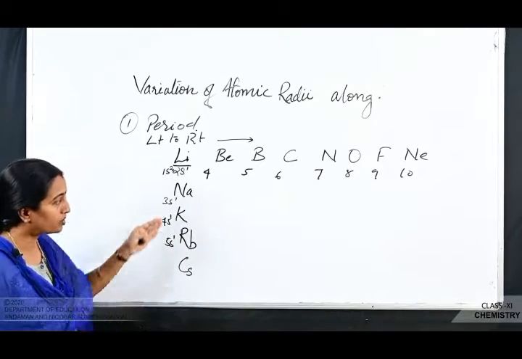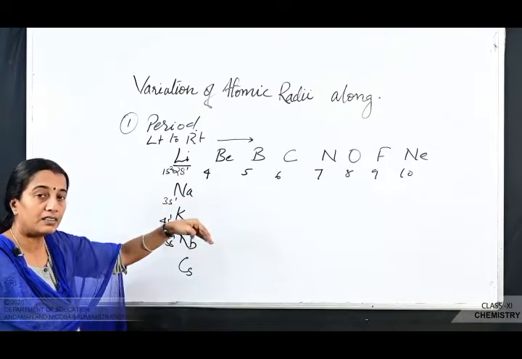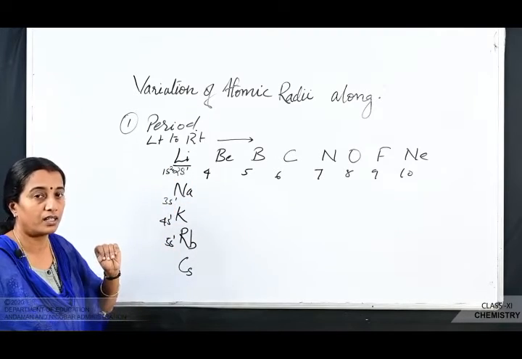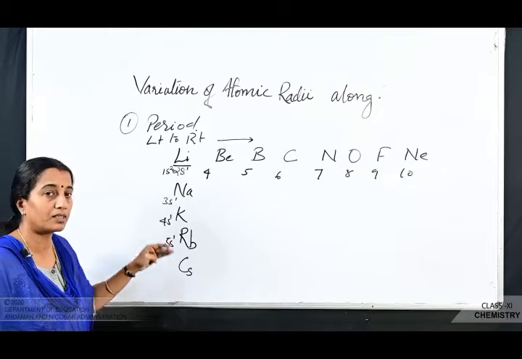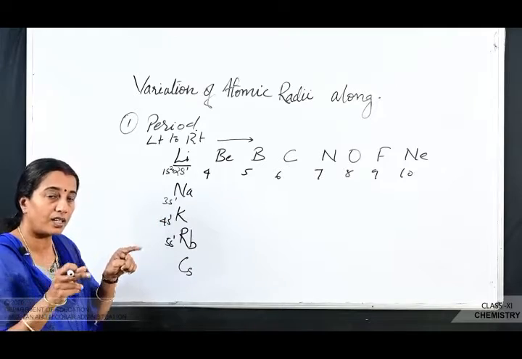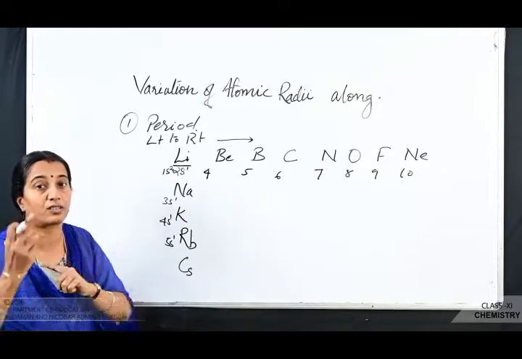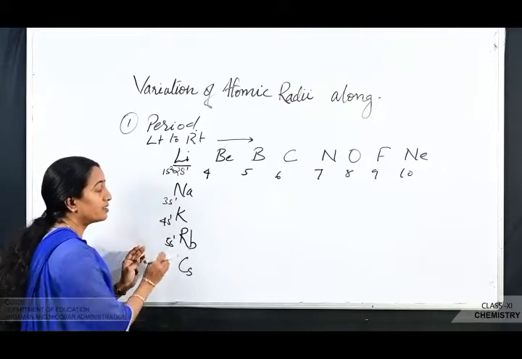So what we are observing is that the electron is being added in a new energy level. The nuclear charge is increasing, that means the proton number is increasing, but the electron is being added in a new energy level, and this effect is more pronounced than the nuclear charge effect. Because of that, the electrons experience less pull.